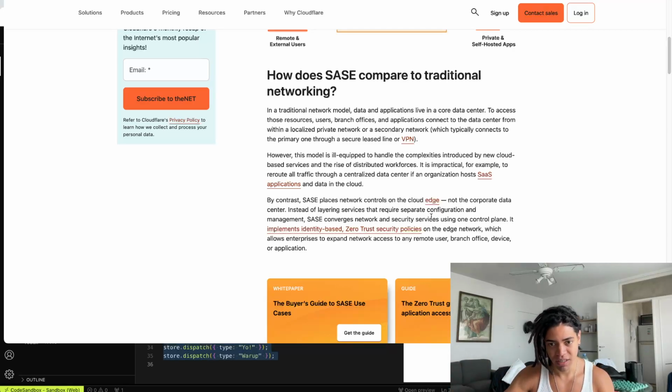It implements identity-based security trust policy on the edge network, on each one of those edge networks close to the workforce, instead of going directly to the central data store, which allows the enterprise to expand the network across to any remote users, branch offices, devices, or applications.